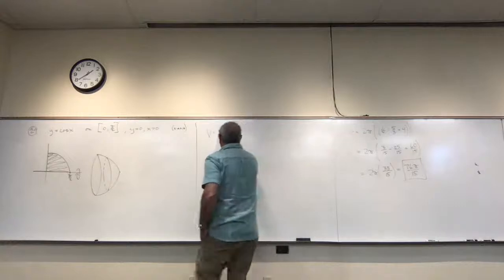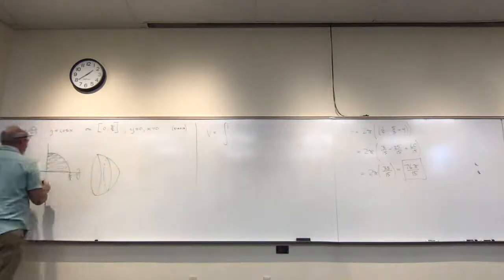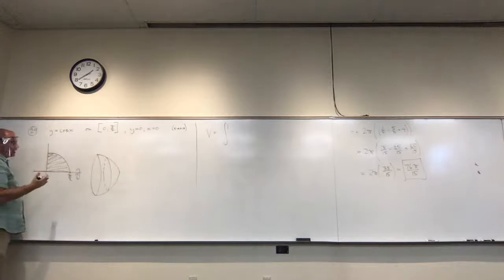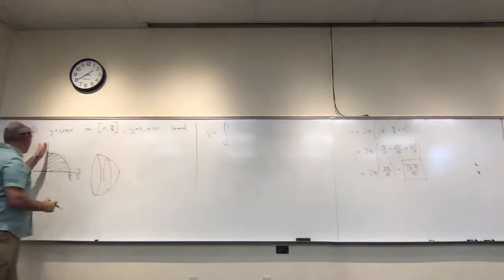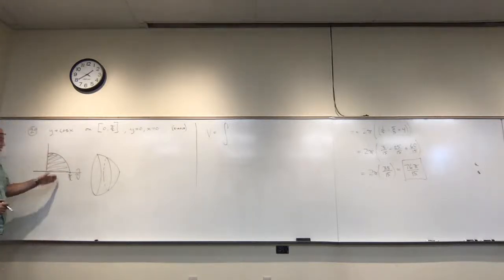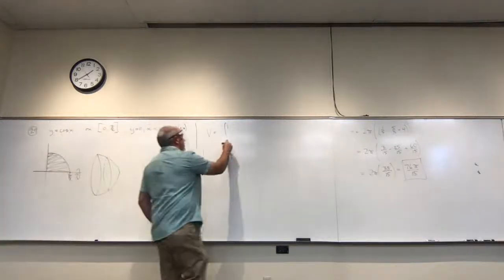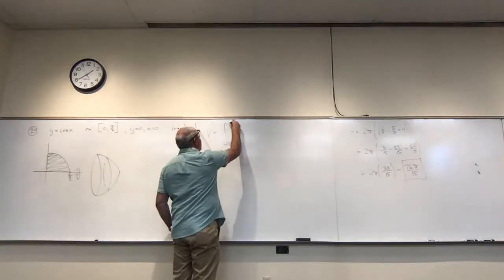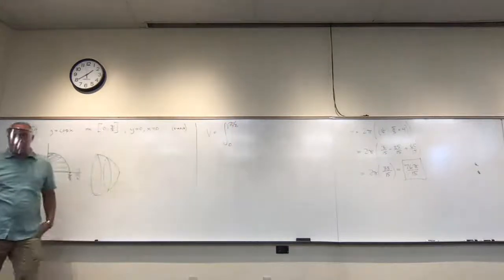Okay, so in this case, we're integrating from 0, and remember, where are we cutting? To get discs, we cut the x-axis. So we're starting at 0 and we're cutting discs out until we get to pi over 2. So we're starting at 0 to pi over 2 of pi r squared.